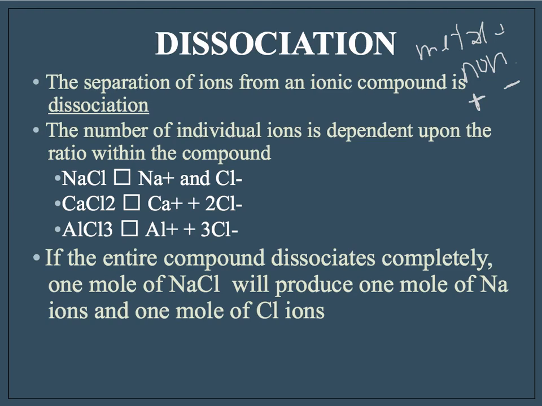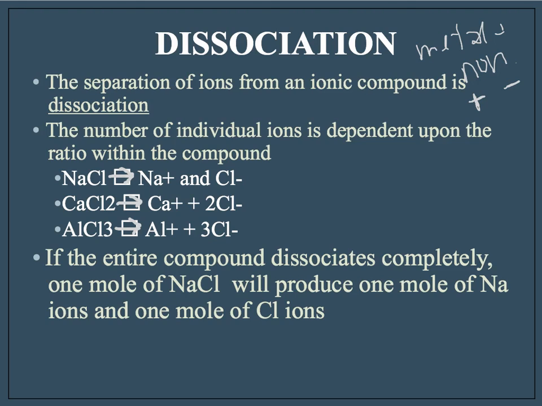So I'm not sure why my arrows have turned into boxes. That's exciting. So you can see here when these three different chloride-based compounds dissociate, they form different numbers of ions. With NaCl, you get just a single Na ion and a single chloride.